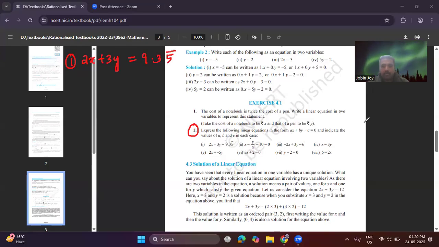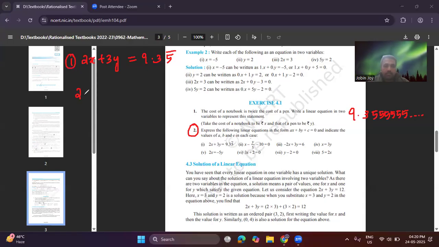What is 9.35 bar? We already studied this in the first chapter, number systems. 9.35 bar means 5 is repeating, 5, 5, 5. That is the meaning. First of all, write this equation in the standard form.